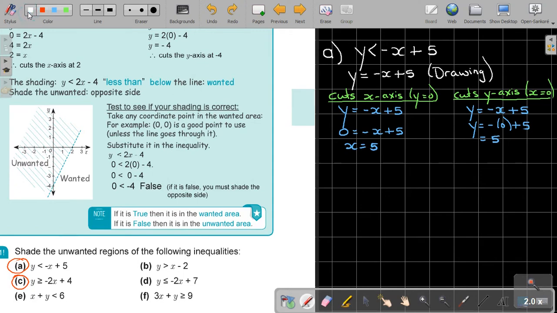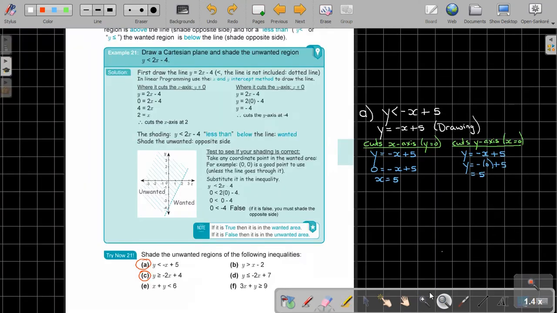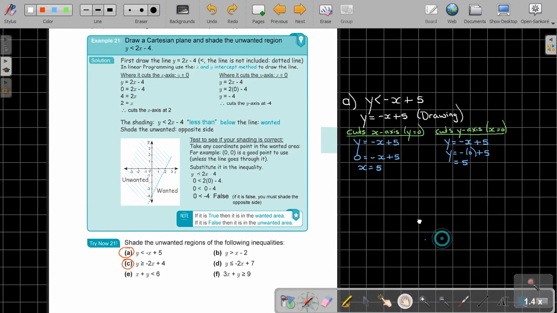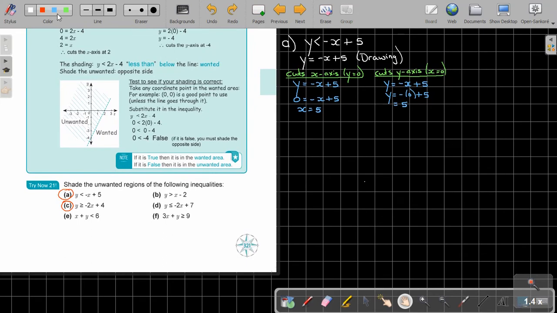So if I draw my axis, and now I have to make it a bit smaller so that I have more space. One, two, three, but this is only 5 and 5. So it's 1, 2, 3, 4, 5.